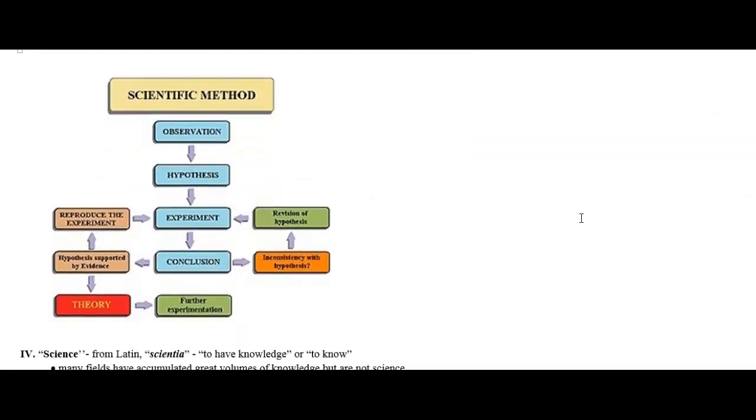Alright, so let's get into the scientific method. Again, this is slightly different from the one that is in your lab book. Your lab book focuses more on these first parts. It doesn't actually have the complete one, and it has extra steps in between observation and hypothesis and experiment.